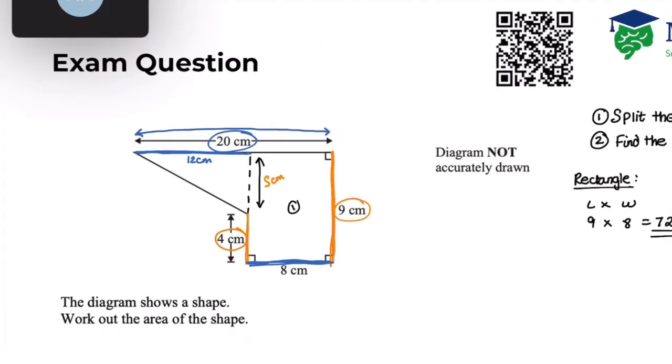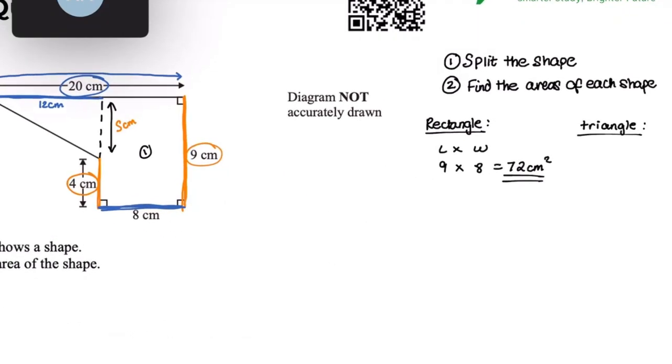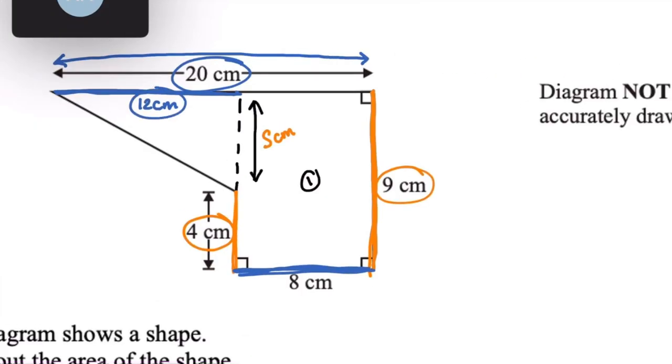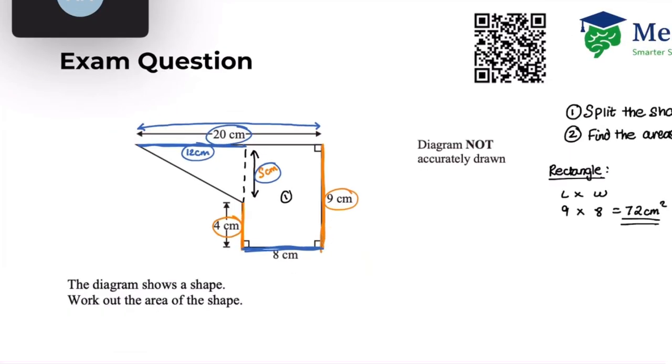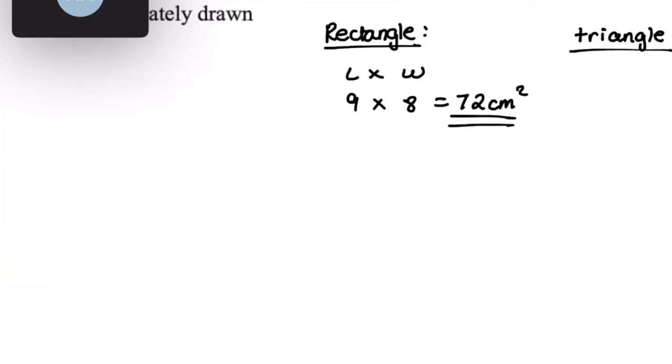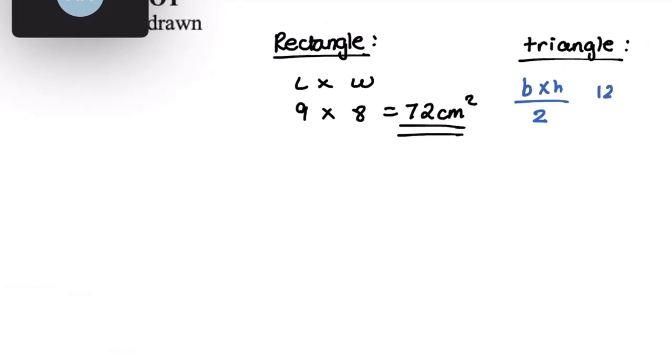So you're going to work out the area of that triangle by doing 12 times 5 divided by 2. Remember, a triangle is base times height divided by 2. 12 times 5 gives you 60. And then 60 divided by 2 gives you 30 centimeters squared.